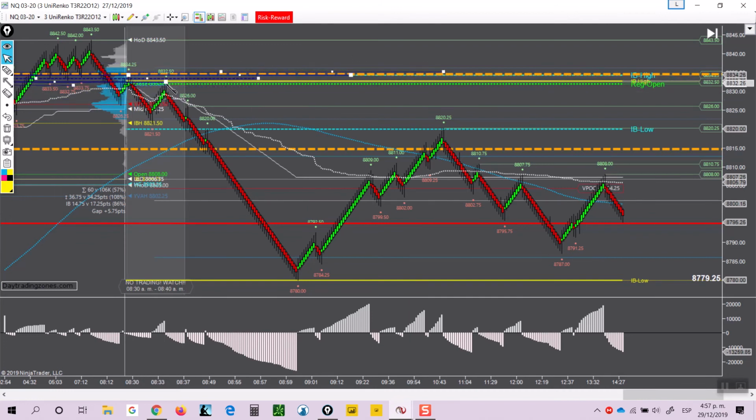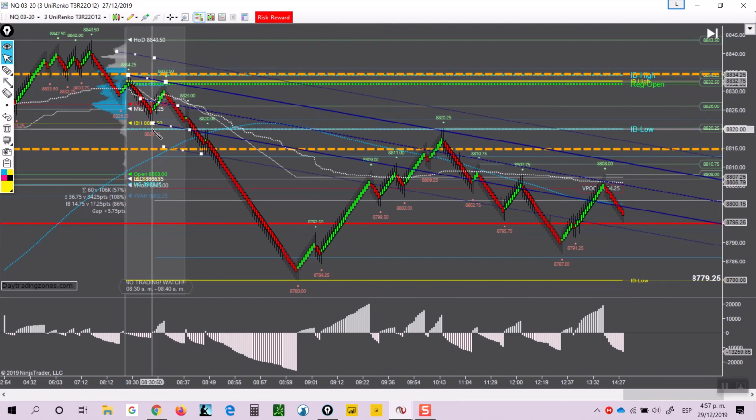Channels help us understand where the price is going. My price is going here. I have established this line here. That's the first 10 minutes, which we're not trading.